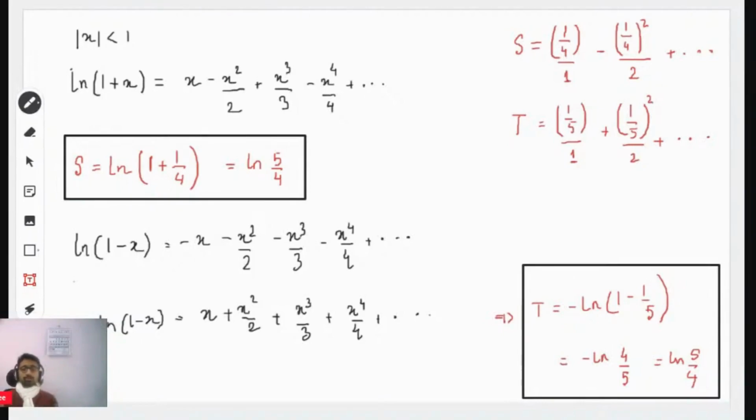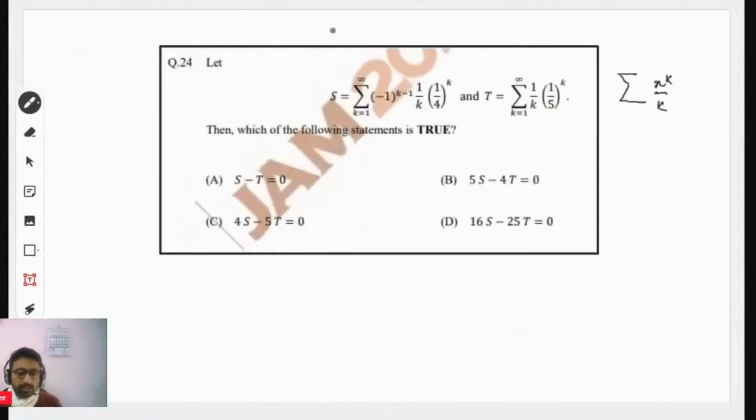Now if you put x equal to 1 by 5, you will get T as minus of log 1 minus 1 by 5, which is minus of log 4 by 5, which is equal to ln 5 by 4. So you can see that S is equal to 2T, and we get that in option A. So this is problem number 24.